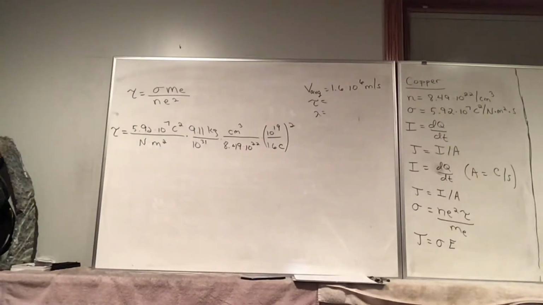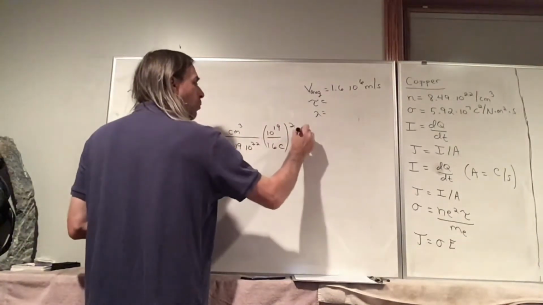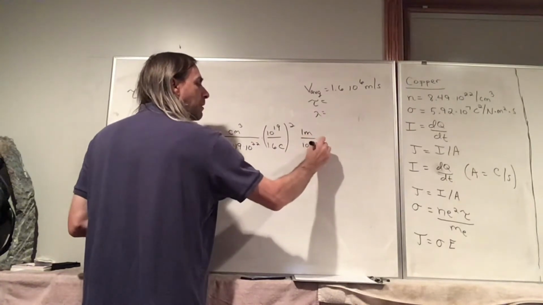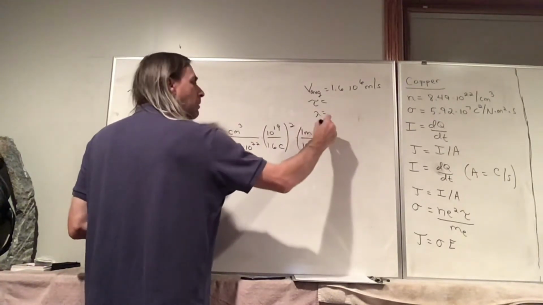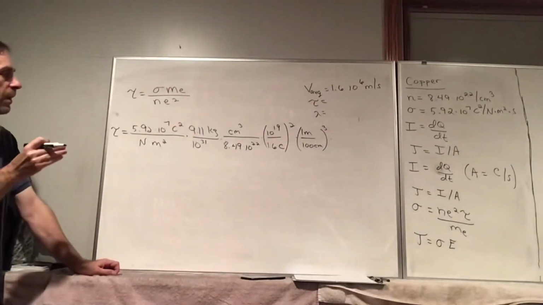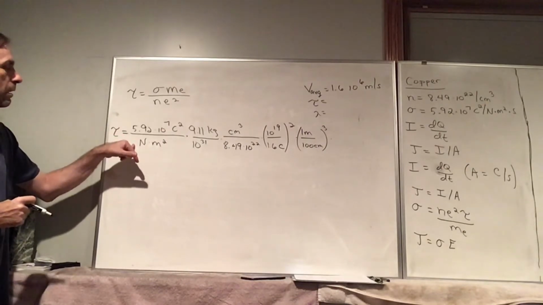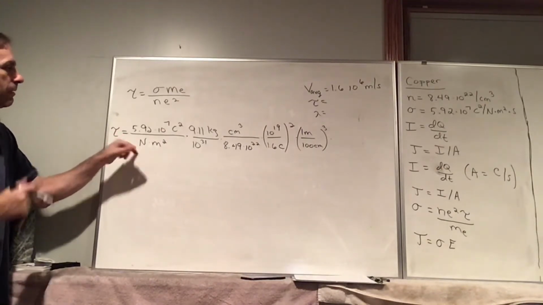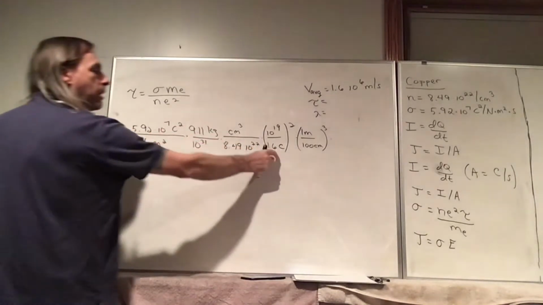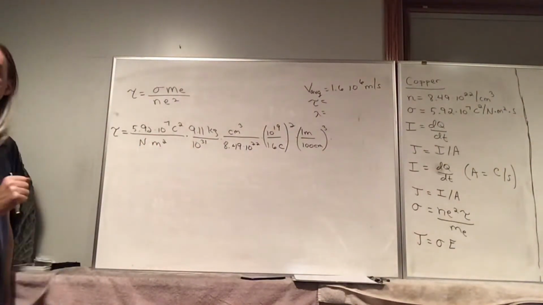So let's see how we can do this. First, let's get rid of centimeters. 1 meter is 100 centimeters. Let's cube that. And we have coulomb squared here, coulomb squared there, so let's just get rid of this Newton.